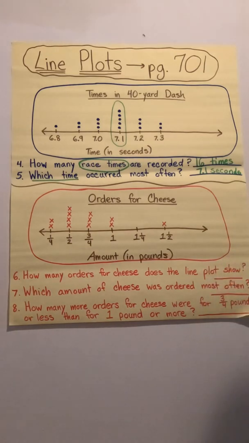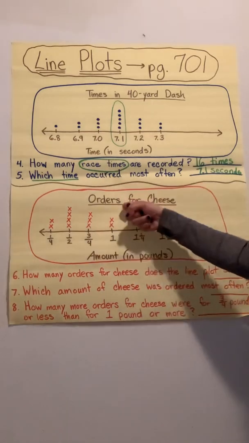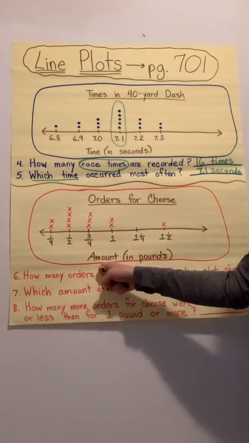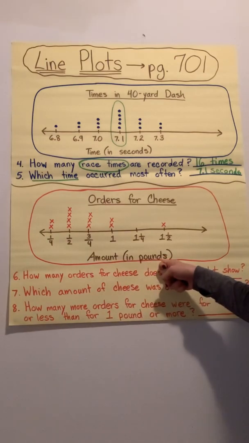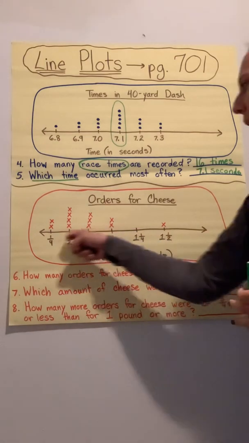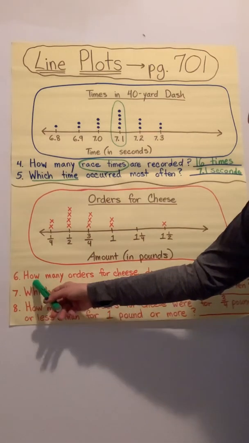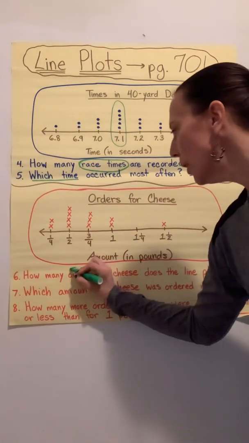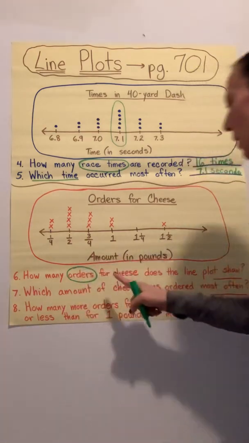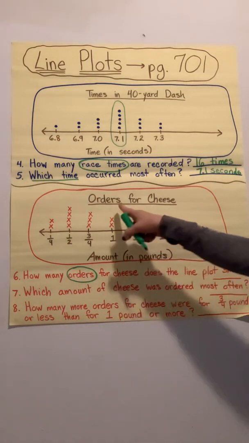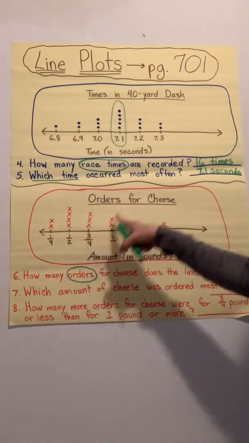So now if I look at the questions, I should be asking myself, am I being asked about the orders? Then I'm going to count up X's. Or am I being asked about how much in pounds the orders were for? Then I might have to look at these numbers. So number 6 asks me, how many orders for cheese does the line plot show? Well, I know the orders are represented by the X's.